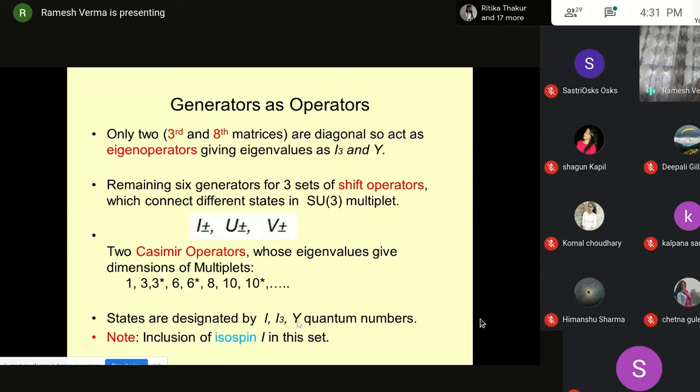Along with the I3 and Y quantum numbers, which are eigenvalues of I3 and Y, or lambda 3 and actually lambda 8, we find we also need to include I, and this I is coming from isospin, and it is related to the eigenvalue of the I square Casimir operator for SU2.